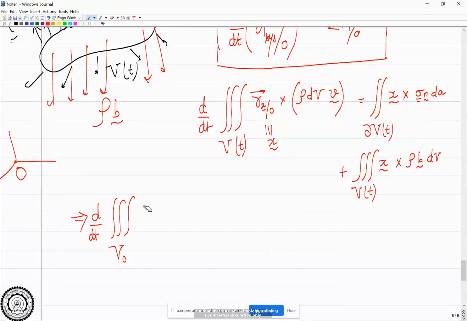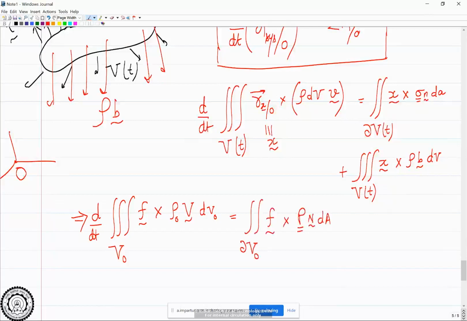I mean, obviously, you can say small x to be little f, so that it is coming from capital X. So little f cross product, and then you have rho naught big V dV naught, and this is equal to integral over del V naught of little f cross product, and you see sigma n dA, again you use the equivalence and you write it as P capital N dA.